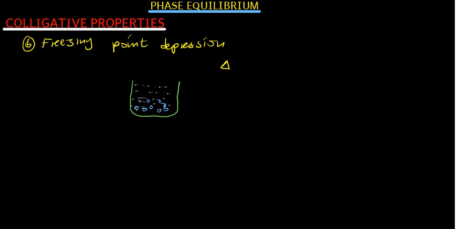The change in freezing point is calculated by negative Kf multiplied by molality multiplied by the Van 't Hoff constant. Kf is the molal freezing point depression constant. I'm mentioning molal, with an L at the end, not molar, because we're interested in molality and not molarity.